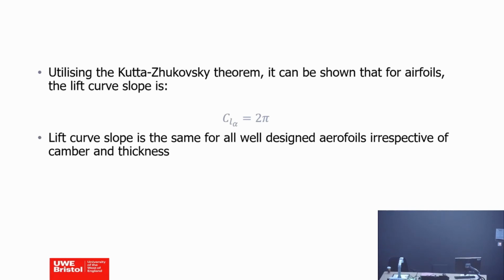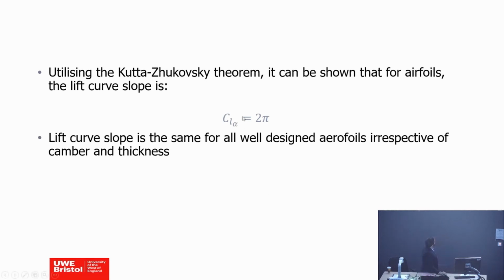We said from airfoil theory that the slope of the lift curve, CL versus alpha, is 2 pi, exactly 2 pi. And that actually could be derived from the Kutta-Joukowski theorem, which is L equal rho u times circulation.